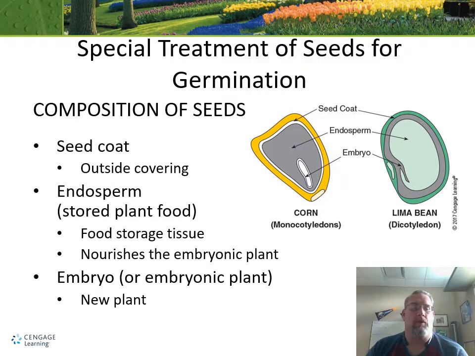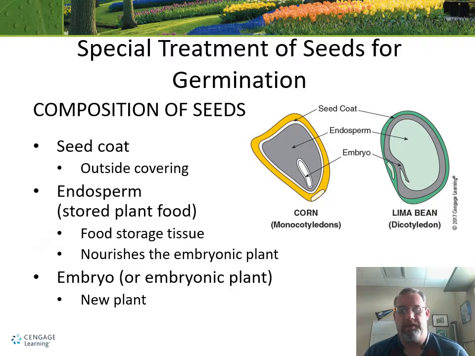So when we look at what the composition of a seed is, this is very important. We have usually a hard outer coating called the seed coat. There is the endosperm, and the endosperm is the food source for a new plant.